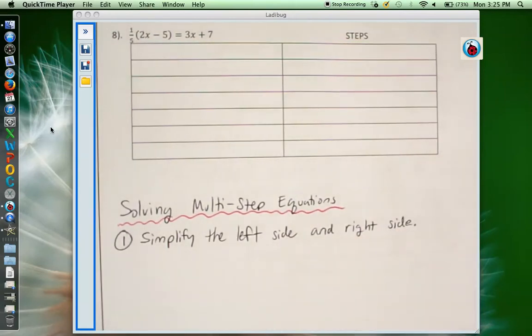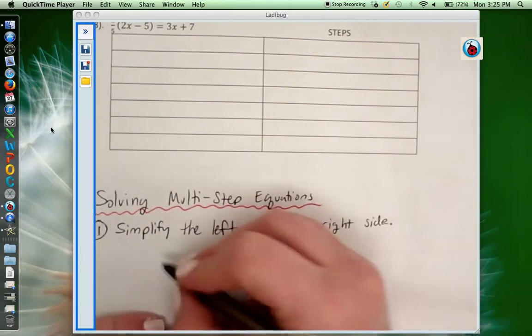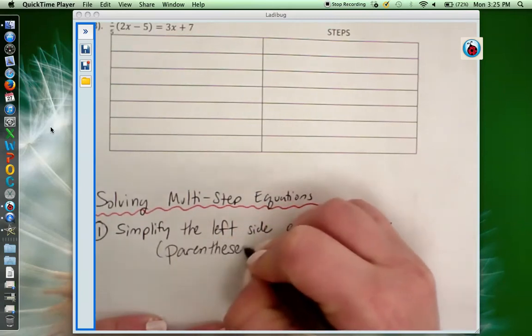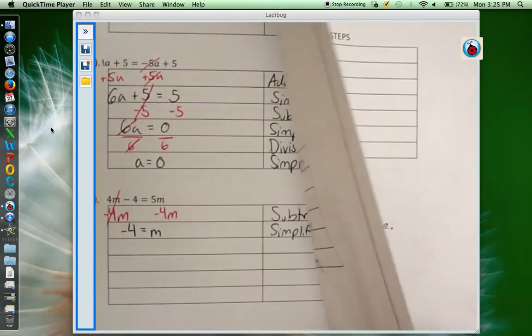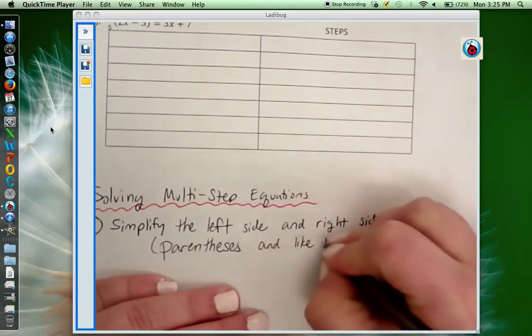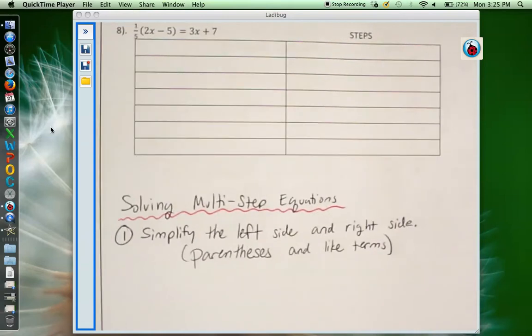And by side, I mean the side of the equal sign. So that's looking for things like parentheses. That's looking for things like terms that you can combine. So I'll actually put that over here, that this is parentheses. Did I spell that right? Yeah. And like terms. So those are the things that you're looking for on each side.